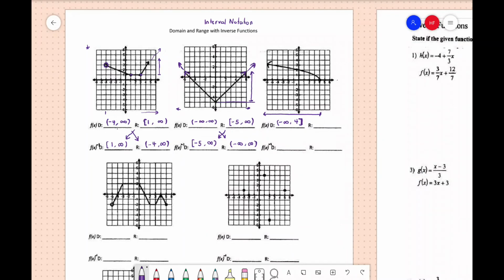My range, I see the lowest point is here, and then we're continuing on in this direction. If you're not sure if it's going to continue upward, extend that line and see, is it getting higher? If it is getting higher, then yes, it is extending. My lowest value is 0. My highest is infinity. And then, like all the other examples, we're just going to switch those two for the inverse.